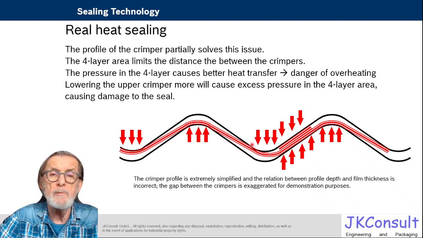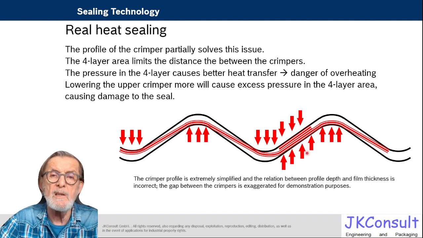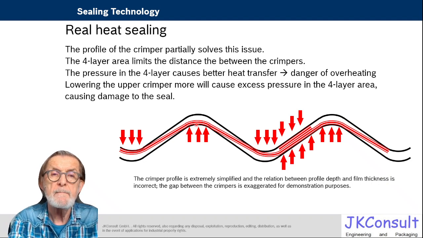What happens is you create a profile like this, and then you have intimate contact between the film and the metal. Point though is that we have here 4 layers, so the crimpers cannot get any closer. And here we have only 2 layers, so you will not have had intimate contact, direct contact of metal and film in this area, and the film, as it is stretched due to the deformation, will have intimate contact on this top of the profile.